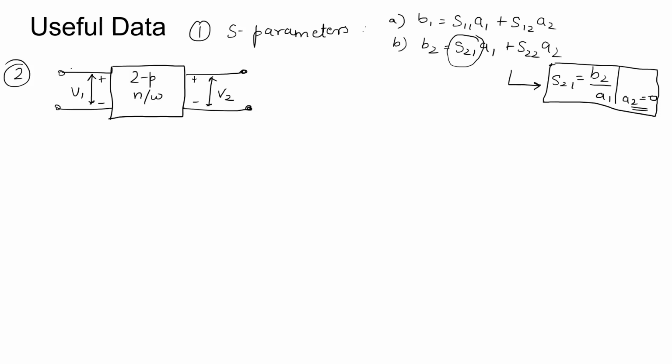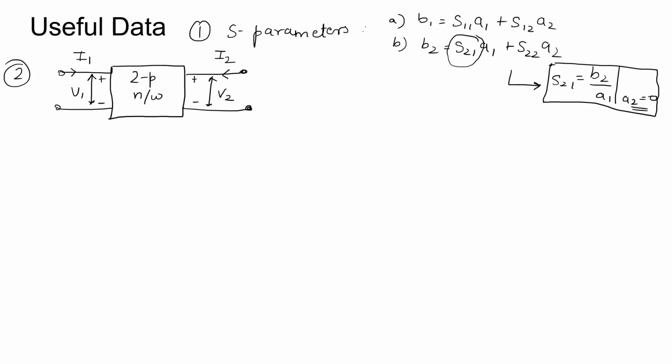The current going inside, when we talk about a two-port network, is always with respect to the network. Whatever parameters we are defining, it is with respect to the network. So here this current will be going inside it. This is the incident current, let's say I1, and on this side it is I2. This is just a convention.